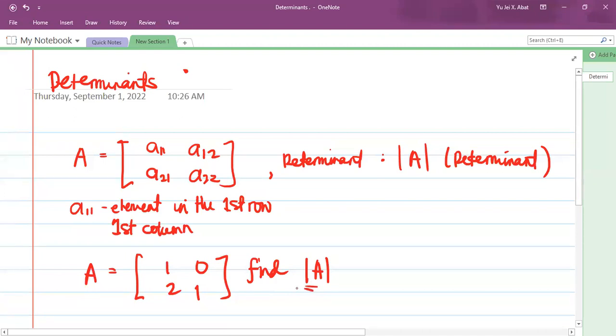Determinants are very useful when solving systems of linear equations and solving unknowns. The determinant is only part of the solution to get the unknown values. It has many uses. So that's the determinant.